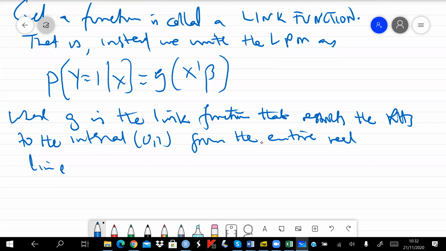So instead of considering minus infinity to positive infinity, we restrict the right hand side to the interval 0, 1.